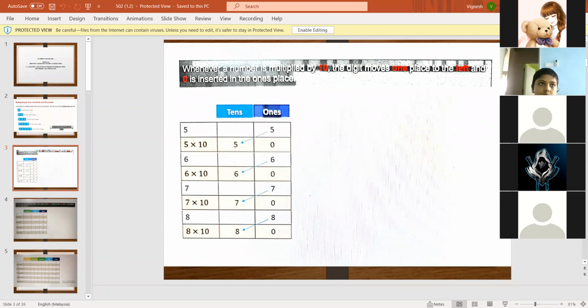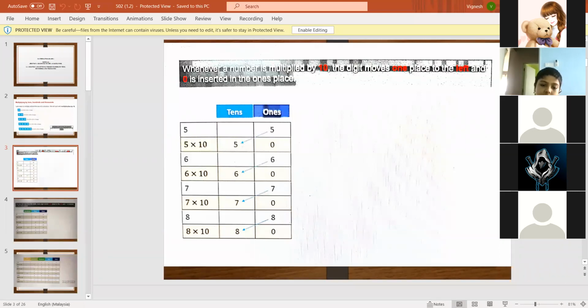The sentence is about whenever a number is multiplied by 10, the digit moves one place to the left. That means the digit at the ones place moves to your left, to the tens place, and you need to add a 0 at the ones place. Is it correct?